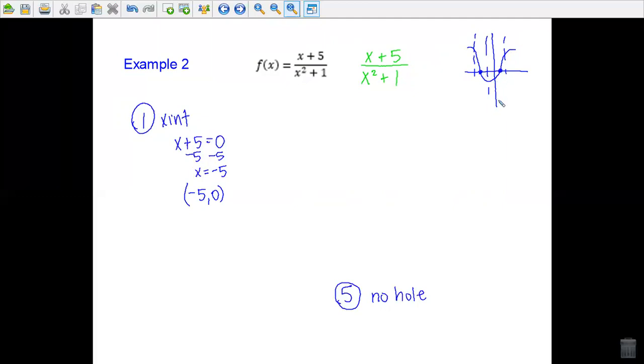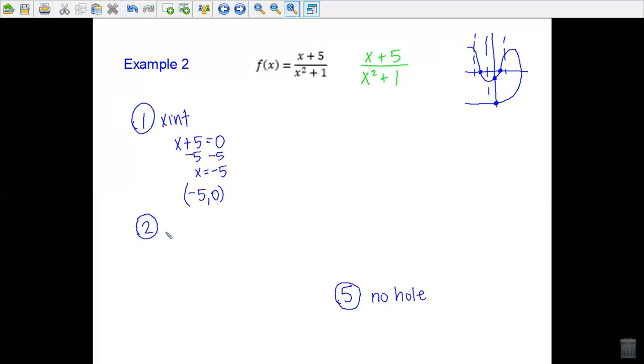But I can't have more than one y-intercept, because if this function came back down and crossed again, it would no longer pass my vertical line test. So I can have multiple x-intercepts, but at most one y-intercept. You can have no x-intercepts and no y-intercepts, but you can't have more than one y-intercept.